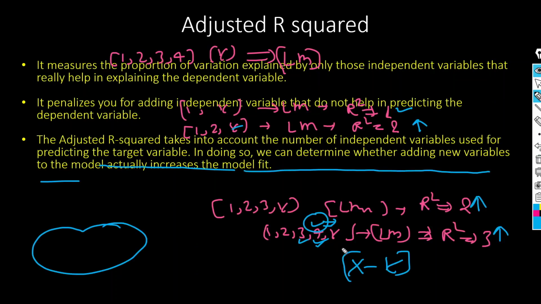As you can see here, if I calculate the adjusted R square, our adjusted R square might be 1, the same, here might be 2, but once we add the third variable, R square is the same but adjusted R square might be 1.5, and then again with the fourth variable, my adjusted R square gets 2.